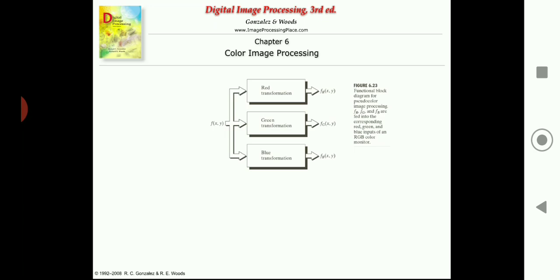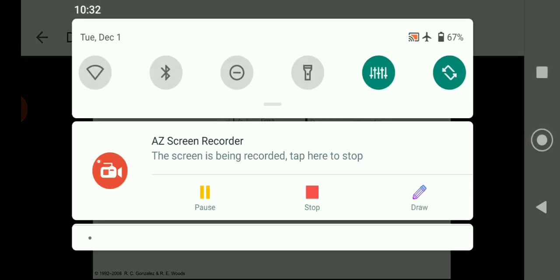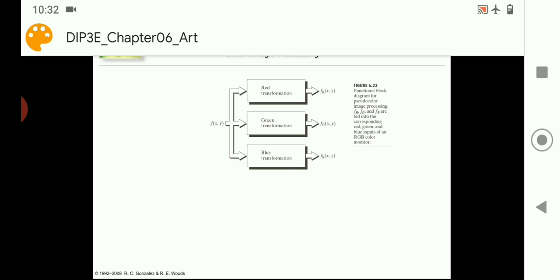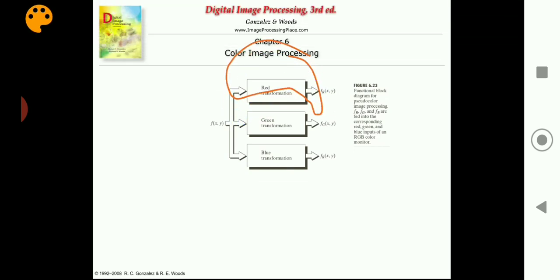Okay, so what was the idea then? What we'll try to do now is perform 3 independent transformations, as you can see in the slide. The first transformation would be the red transformation, the next is the green transformation, and the blue transformation.